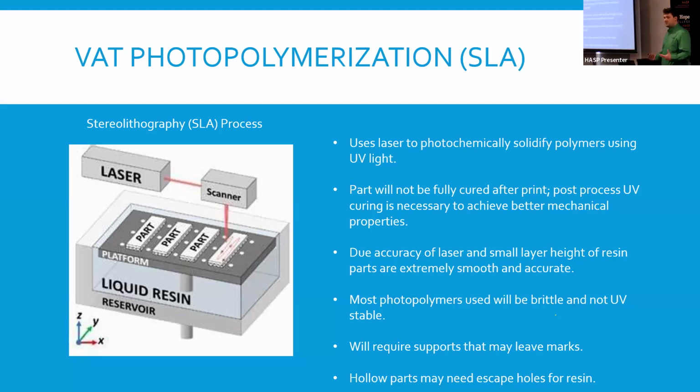So it's a UV cure resin. It's a liquid. Basically what happens is the platform is dunked in this liquid resin and the laser comes over and cures that part. So it shines the UV where it wants it to cure, layer by layer.